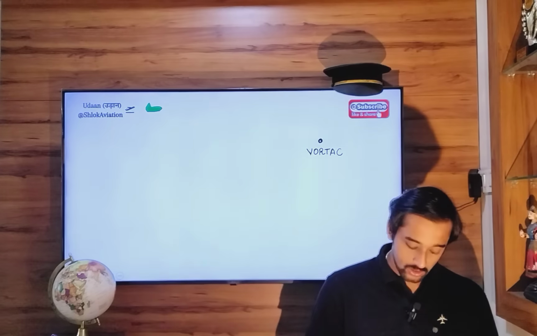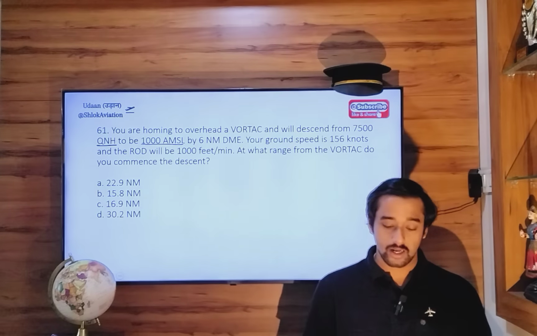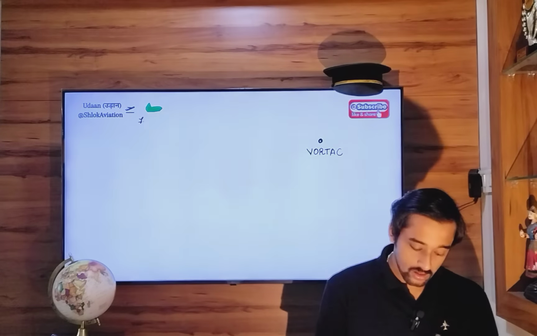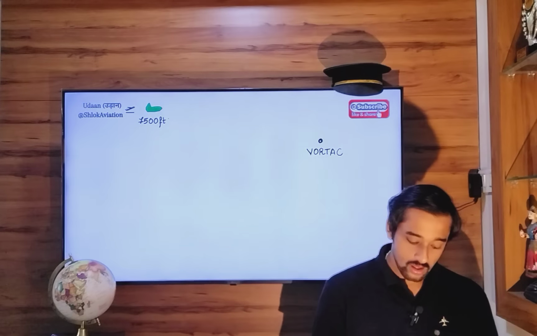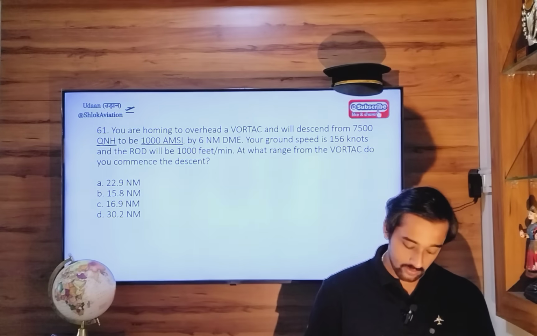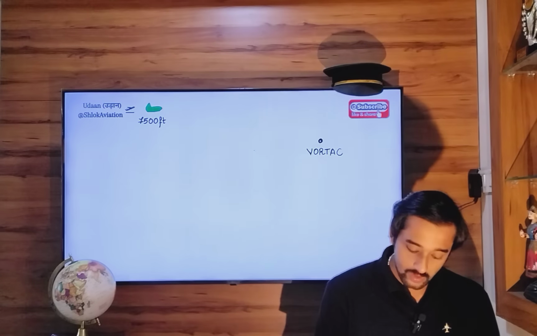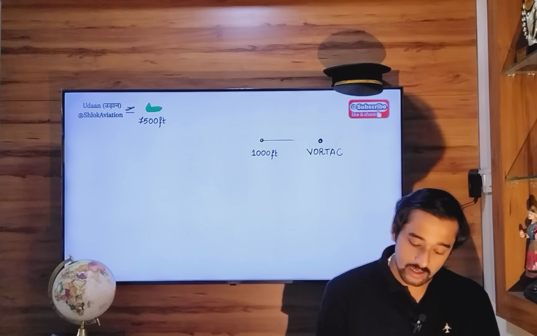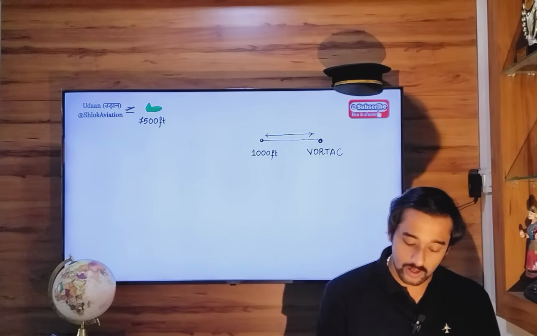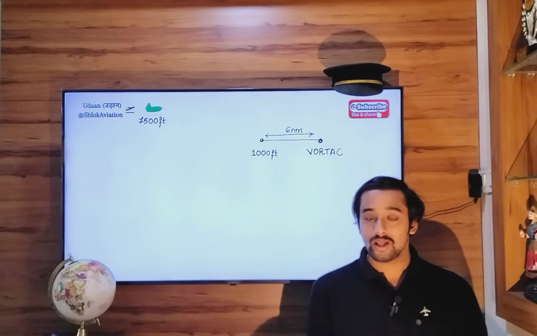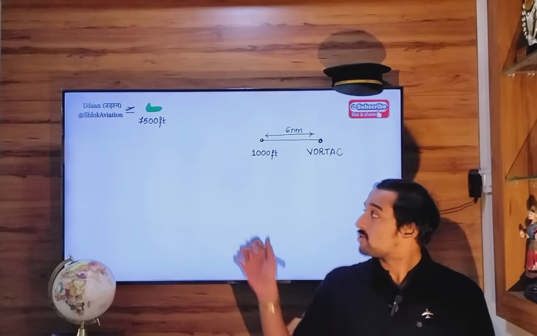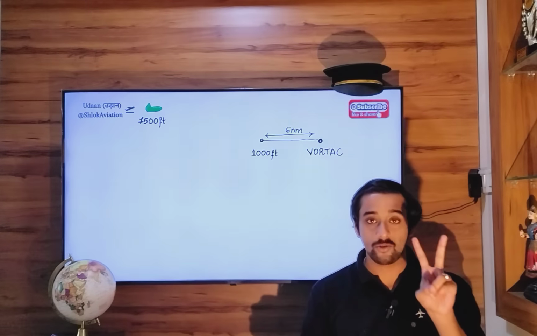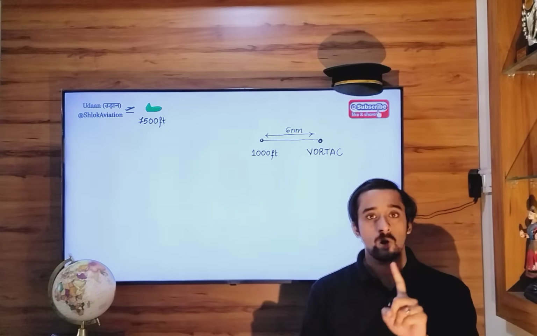Your aircraft is at altitude 7,500 feet, and you have to descend to altitude 1,000 feet. And that should happen when you are 6 nautical mile away from the VOR station. So you have to meet two conditions. The first, descend to altitude 1,000.